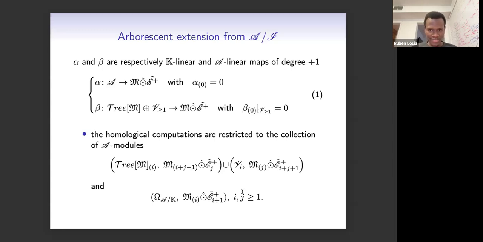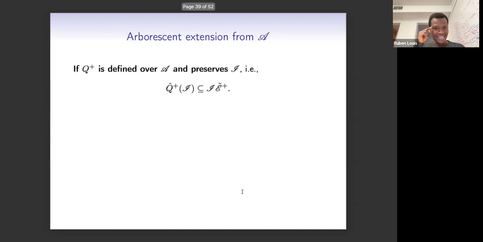The situation is even better if we start with a partially graded Q manifold, which is already defined on A, not just on A over I, but on A, preserving I. For example, if Q plus is already defined on A and it preserves I, that means Q plus of I is included in that module.